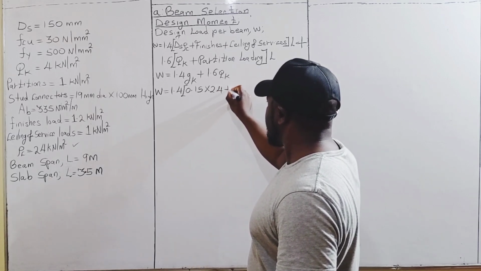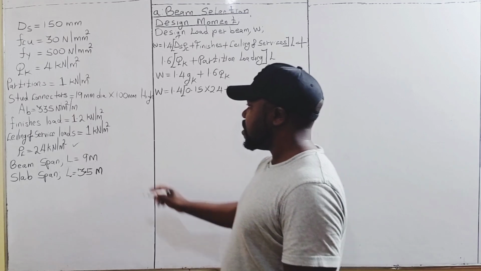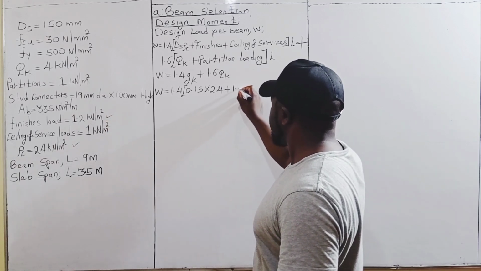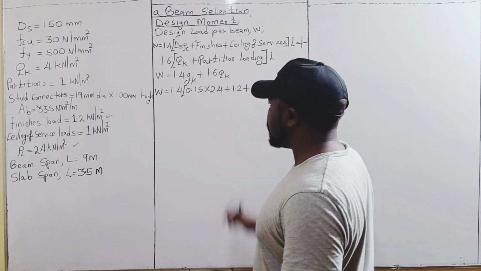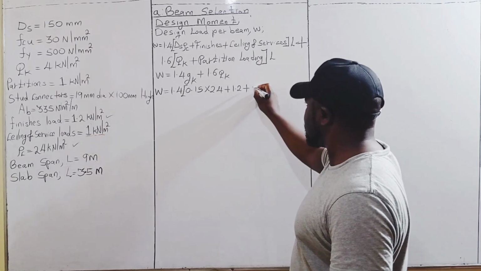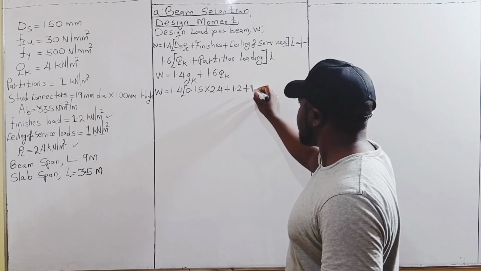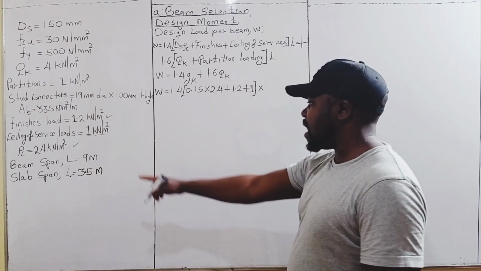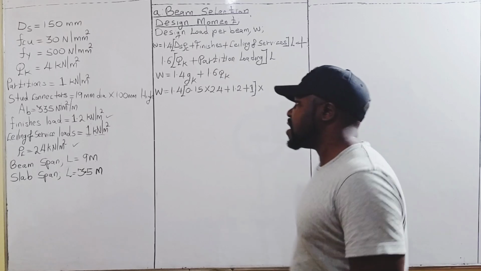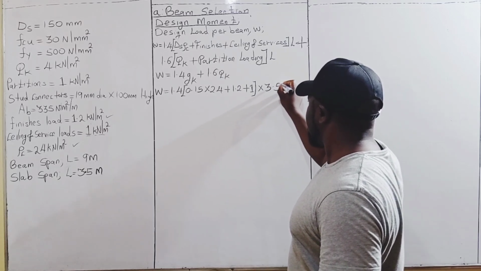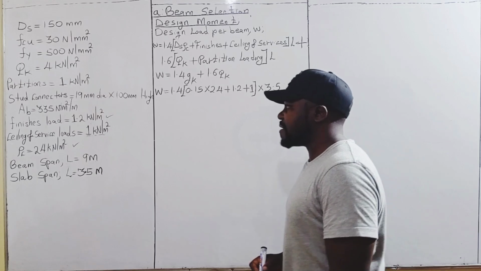Then we add the load of finishes, which is 1.2 kilonewtons per square meter. Then we add the load of sealing and services, which is 1 kilonewton per square meter. And then we multiply this by the slab span, which is 3.5 meters.